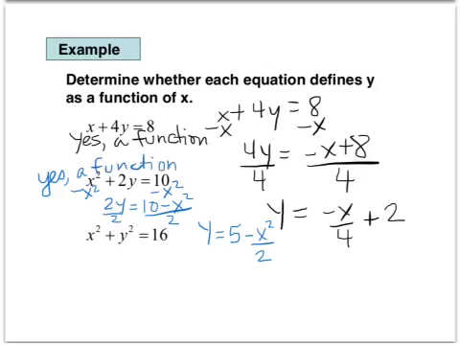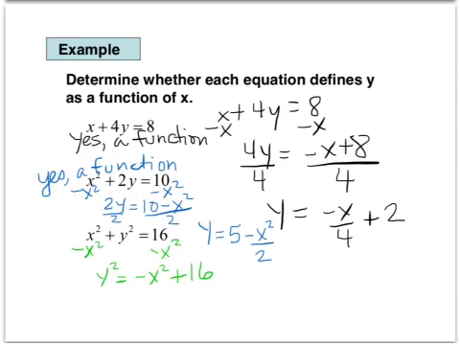So that one's also a function. So now we're looking at the last one, which I'm going to do in red and green here so you can see it a little better. If we solve it for y, again, we'll subtract x squared from both sides. So now we have y squared is equal to, it doesn't matter the order of these, as long as they have the correct sign, negative x squared plus 16.